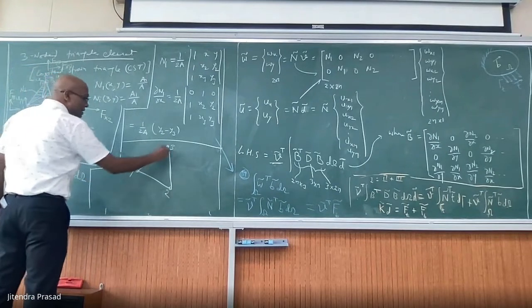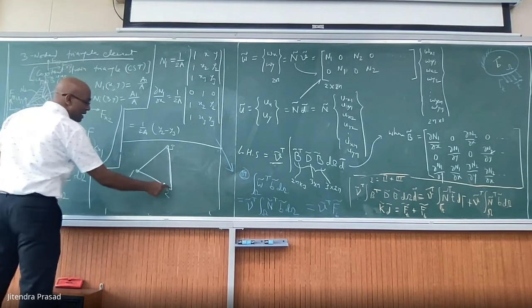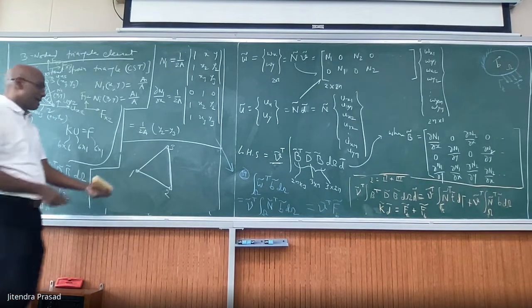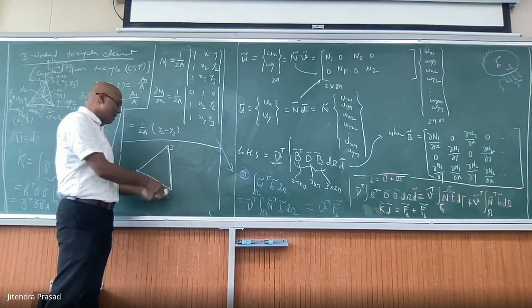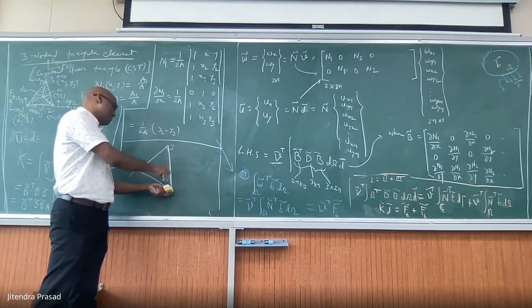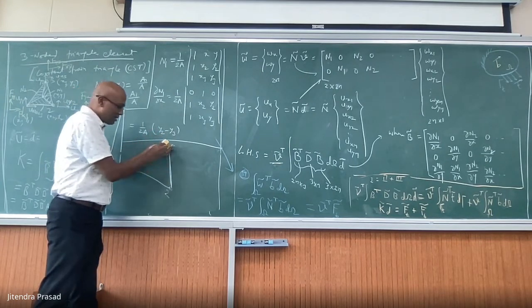So that means n1 is 0 here. That means on this edge only n2 and n3 will vary. n1 will be 0. And how will it vary? n2 will be 1 here as far as this line is concerned, n2 will be 1 here and 0 here. So if this goes like this, a triangle. Right? Similarly, n3 will be 1 here and 0 here. It goes like this.